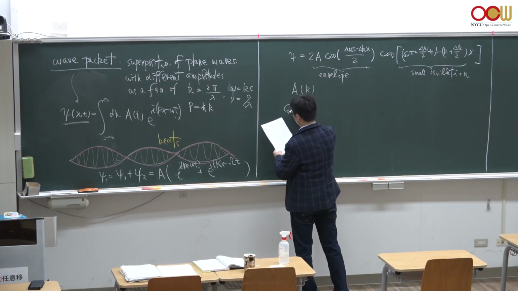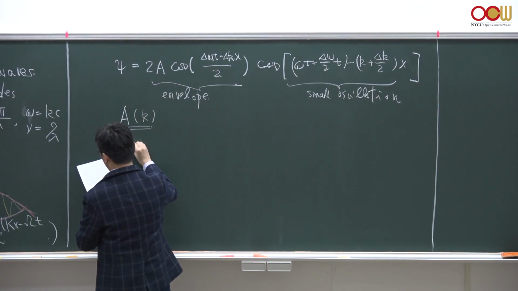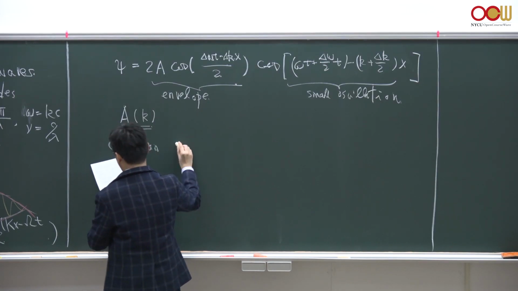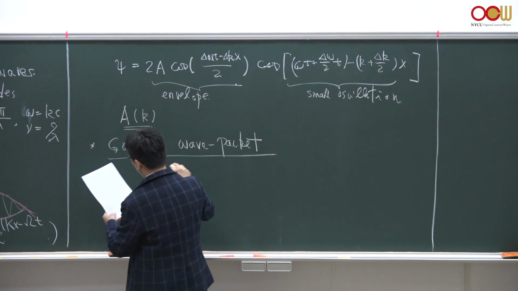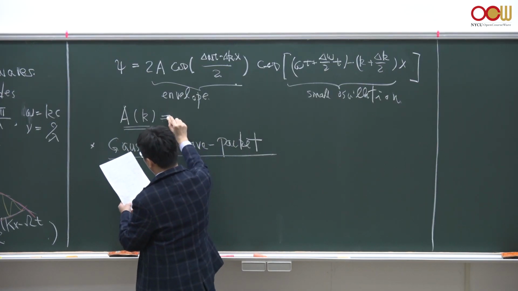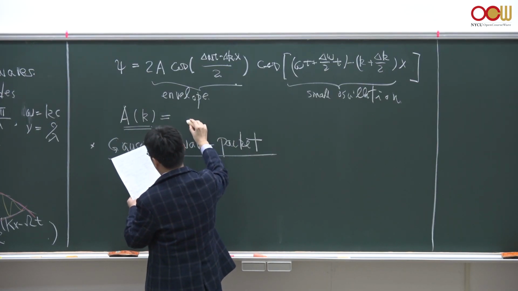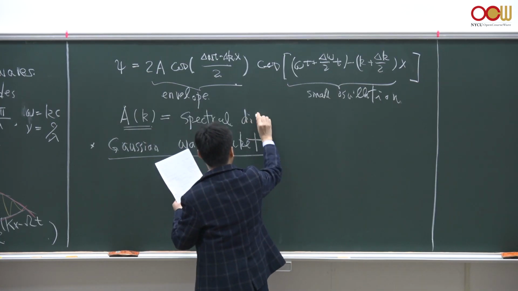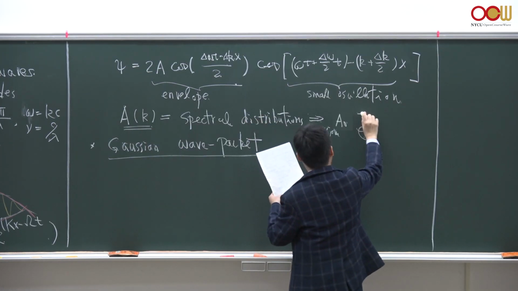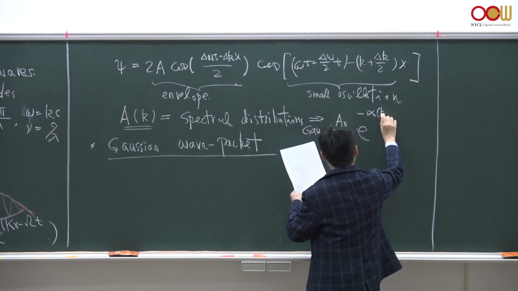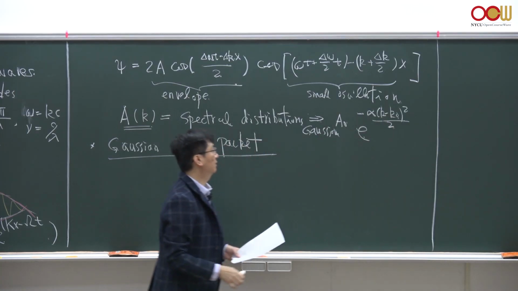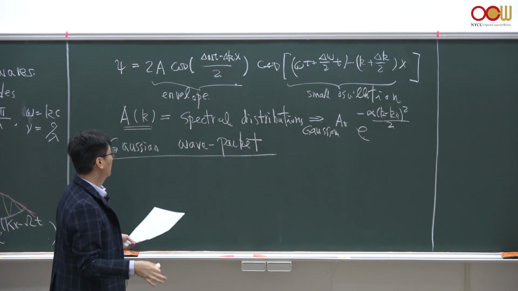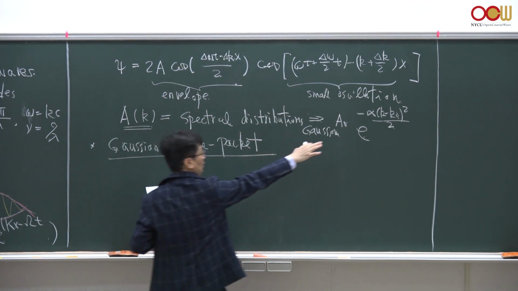The simplest possible example of this wave packet is called the Gaussian wave packet. A Gaussian wave packet is a specific form of this so-called spectral weight or spectral distribution, which has the form of an exponential function of minus alpha times k minus k0 squared, with a prefactor.